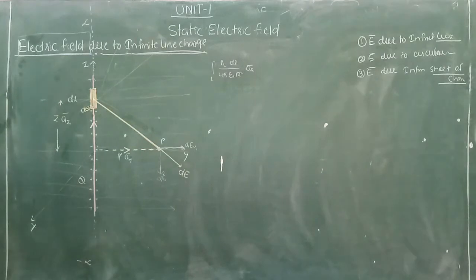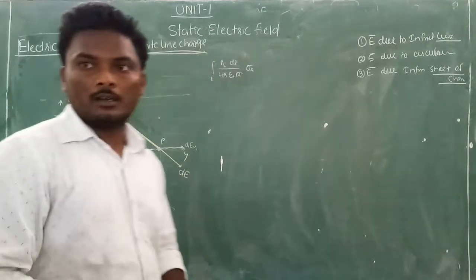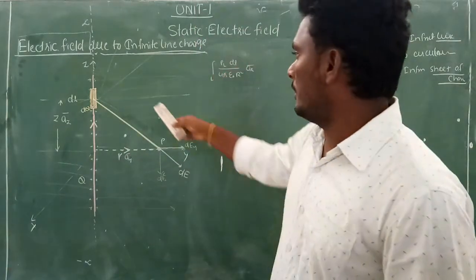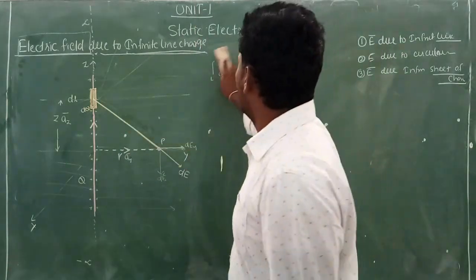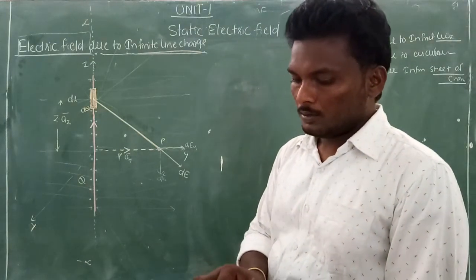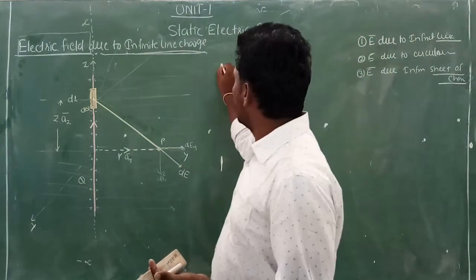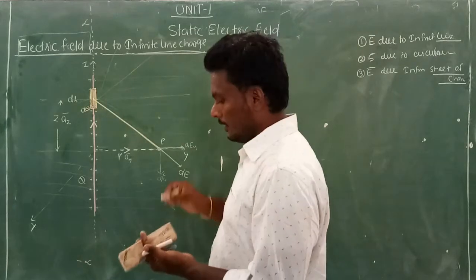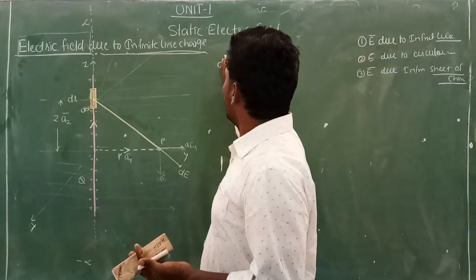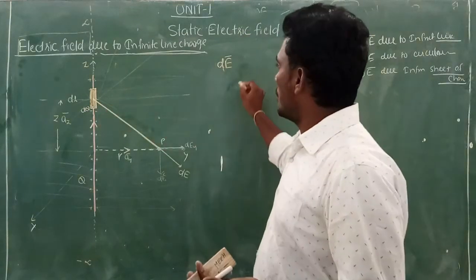Now tell me, what is the differential electric field intensity due to the differential elemental length, which is already known? How did we write the expression for differential electric field intensity due to differential length and differential charge?